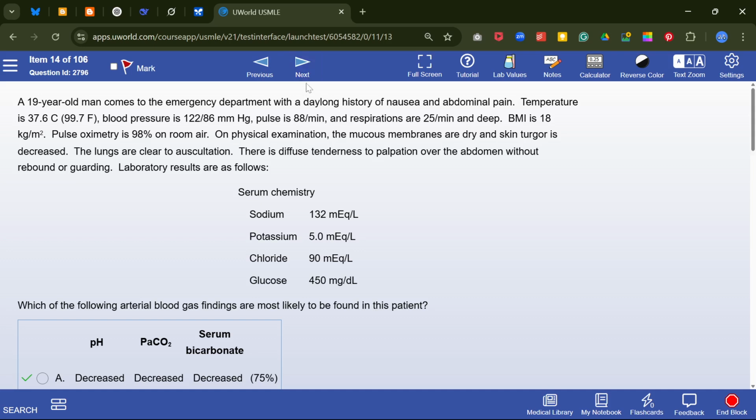Okay, if we see this question, day-long nausea, vomiting, okay, good. On physical examination, there is dry skin turgor. What are the ABG findings? First, we can find out the anion gap: 132 minus chloride 90. There is no bicarbonate.